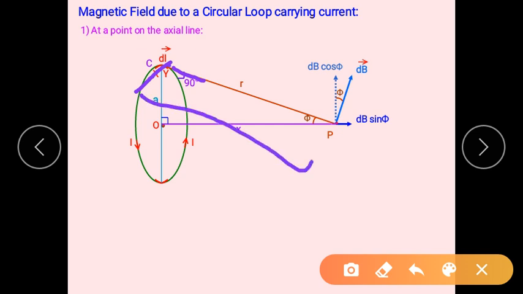Therefore, if you draw a plane like this, this will be the plane containing dl and r. Therefore, this dB will be perpendicular to this plane, which means this angle will be 90 degrees.